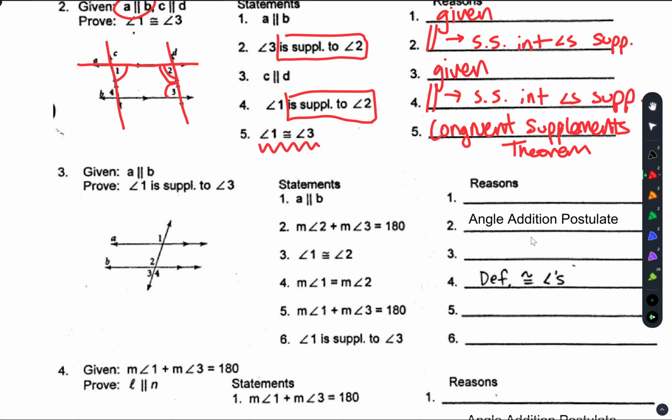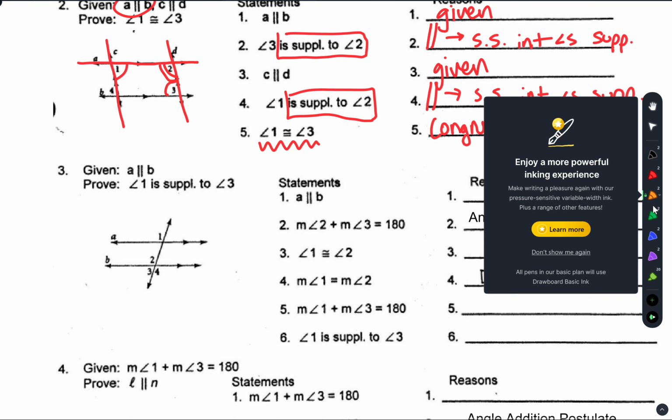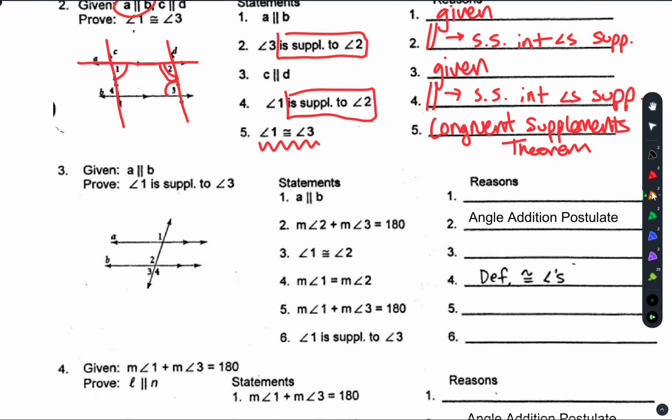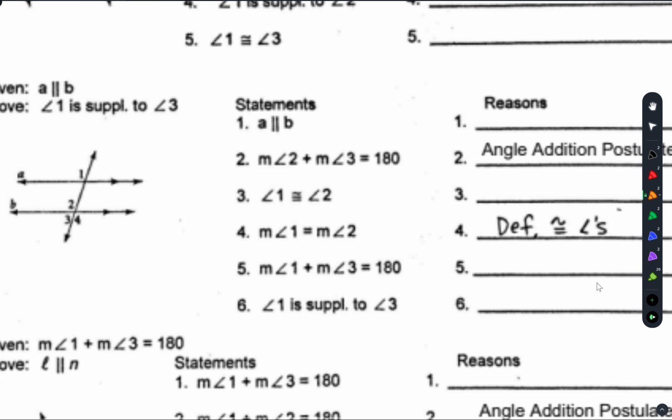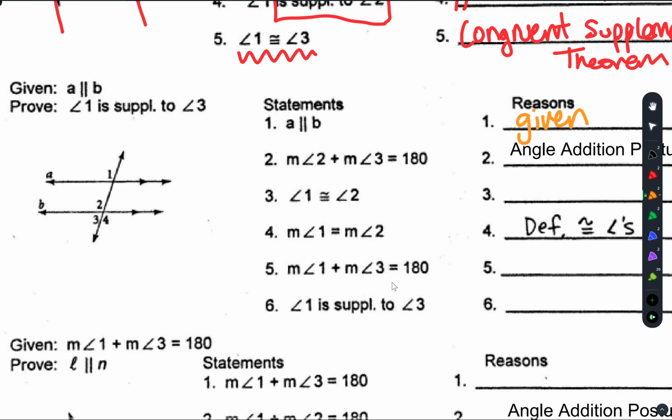Okay. Let's take a look at number 3. I've got only one given. It's in the first step. Number 2 is filled in for us, but it's not filled in on your homework. I don't know why it's not the same. But number 2 says angles 2 and 3 add together to get 180. Anytime I see 2 angles, what do we call that when they form a straight line?